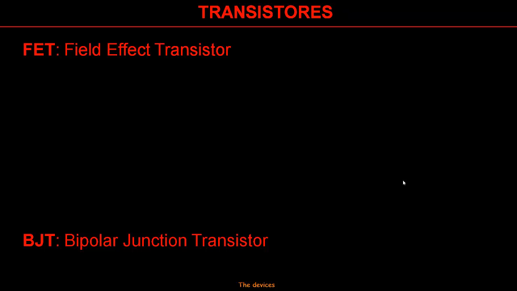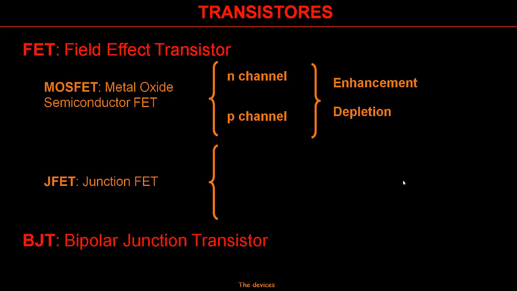So, summing up, a classification of transistors is shown here. FET transistors could be MOSFET or JFET. Both can be N-channel or P-channel: N if the electrons are the carriers, or P if the holes are the carriers. Anyway, they are unipolar because there is only one type of carrier involved in the transistor.